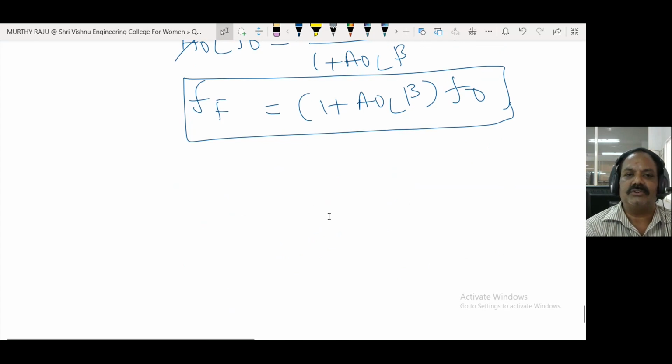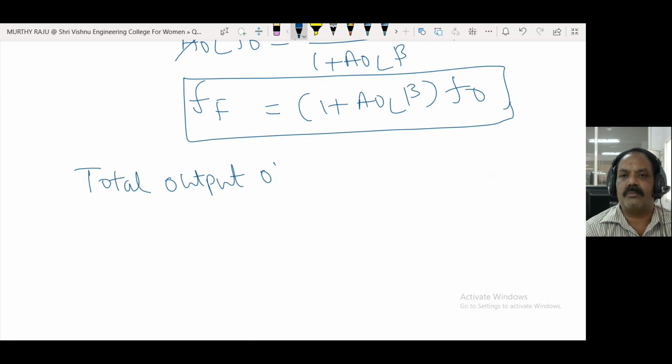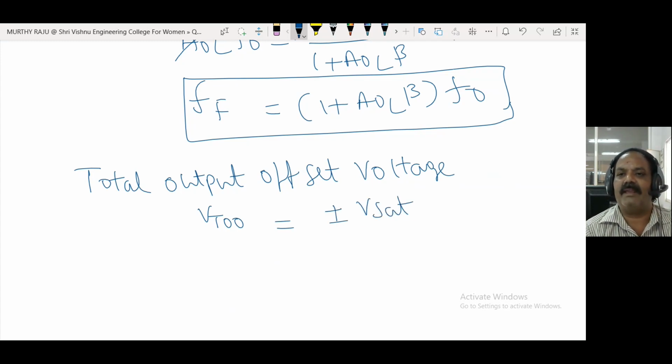Next one is total output offset voltage. Total output offset voltage V00 is equal to plus or minus V sat by 1 plus AOL into beta.